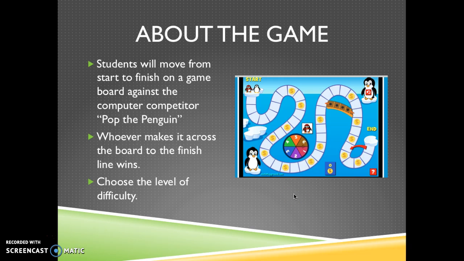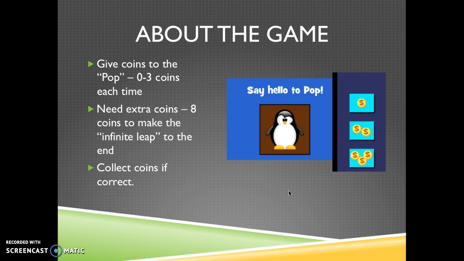And each time they are given a question, before they actually can see the question, they get to choose the level of difficulty. So the questions are leveled according to the size of the number that the students are ready to work with. So a student can choose to get 1 coin from the question and solve a 2-digit problem.